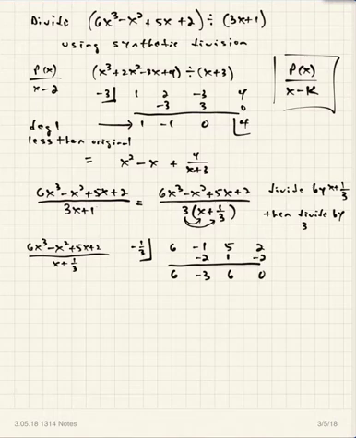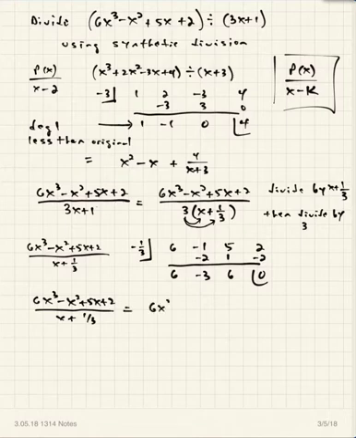You add, you do get 0 here, as it turns out. So the remainder is 0. So what's the answer to this division problem? Well, the answer to this division problem, when you divide just by x plus 1/3, is 6x squared minus 3x plus 6.